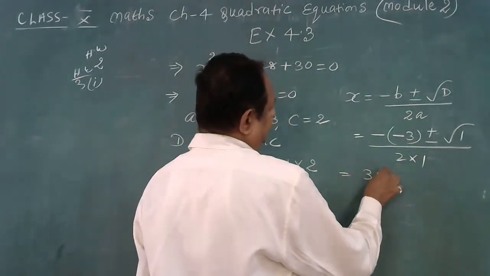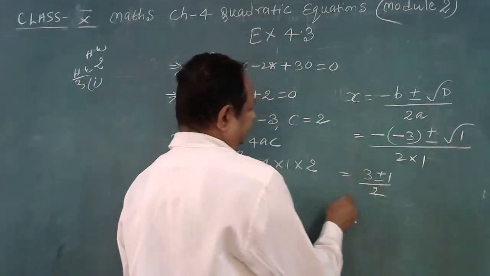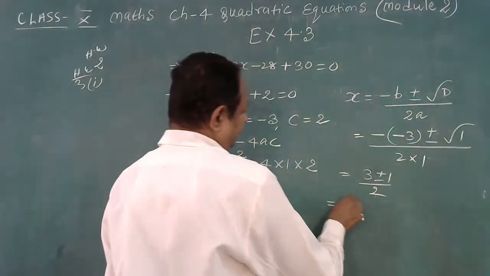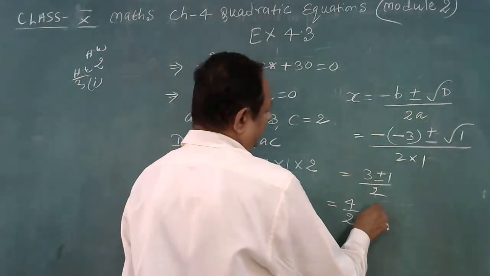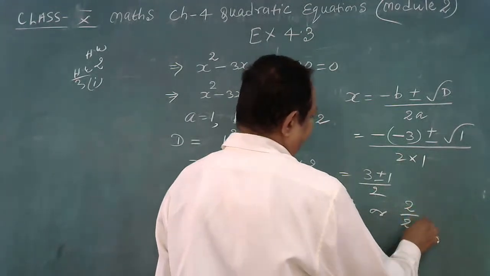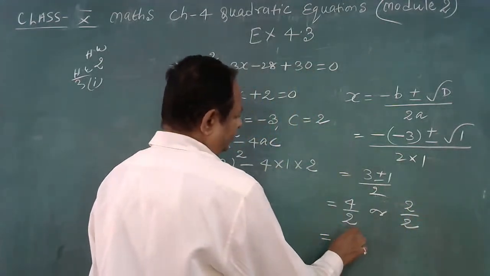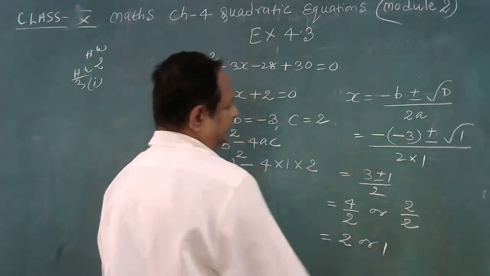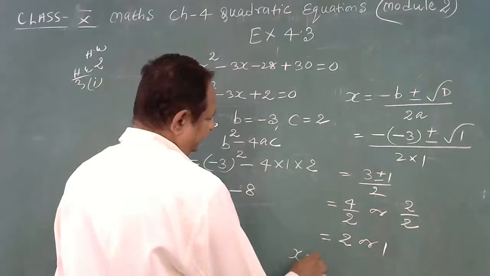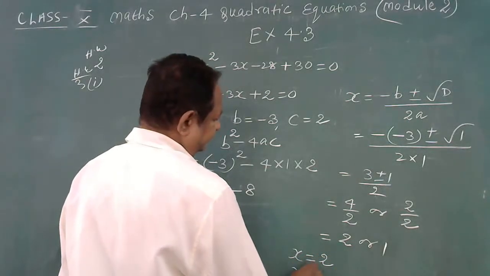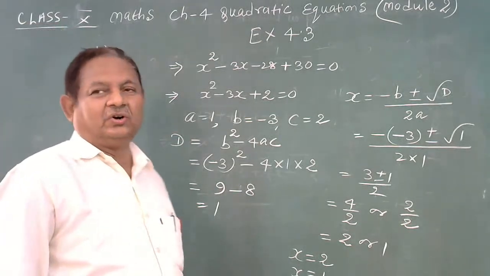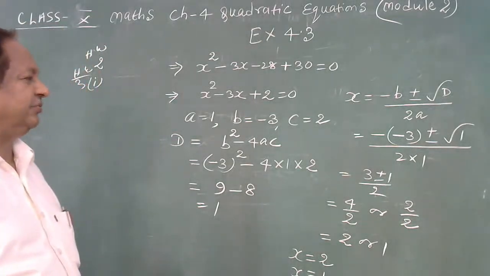This is 3 plus minus 1 by 2. Taking the positive sign, 4 by 2, or 3 minus 1, 2 by 2. This is 2 or 1. So x is equal to either 2 or 1. These are the roots of the quadratic equation.